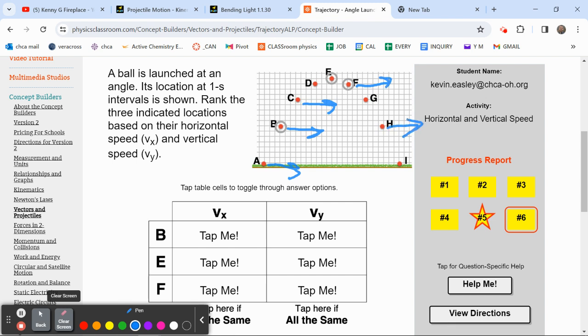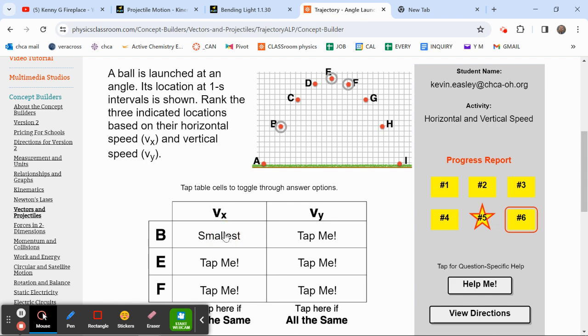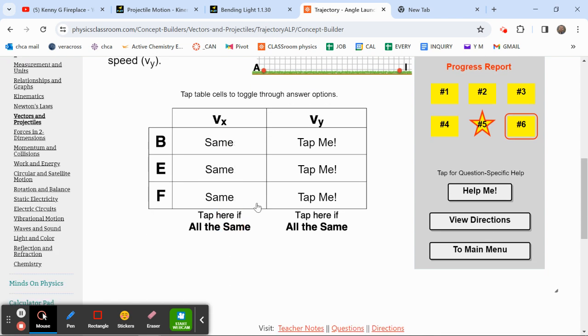You should remember that from when we did the PhET simulation. The x component never ever changes. There's nothing acting on it to make it accelerate. This doesn't have rocket thrusters mounted on it. There's nothing pushing it or pulling it on the x-axis. So the correct answer for the x-axis is they're all the same.